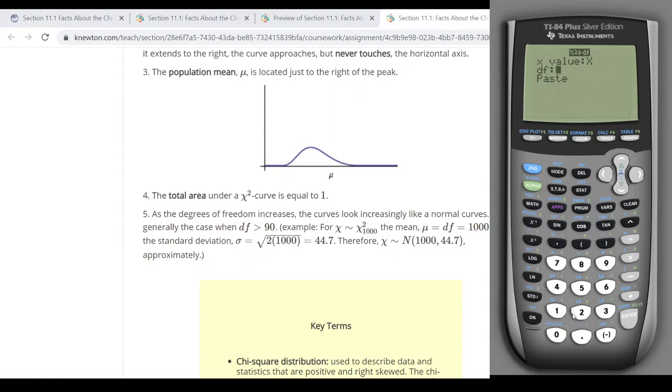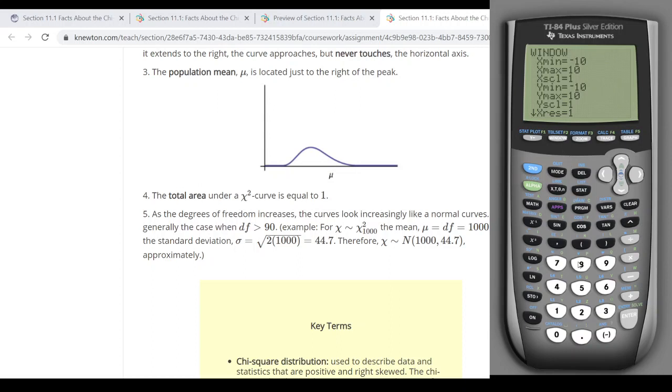Again, I'll put up the examples they've shown. If I just do 2 degrees of freedom here, that means the mean is going to be 2, and I'll just do this graph here. That's ZOOM, not ZOOM STAT. Let me change the window up.